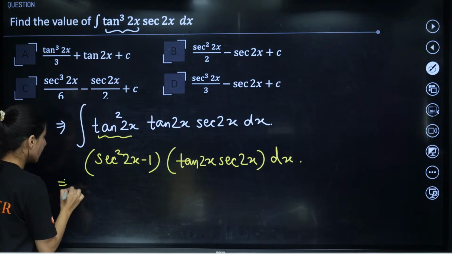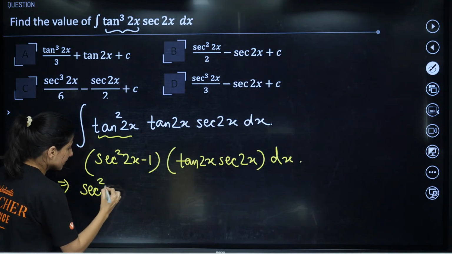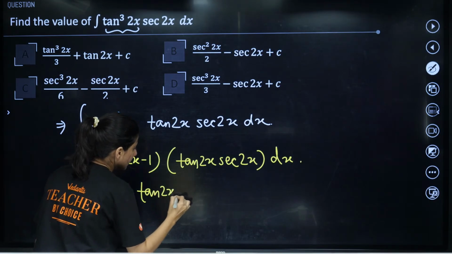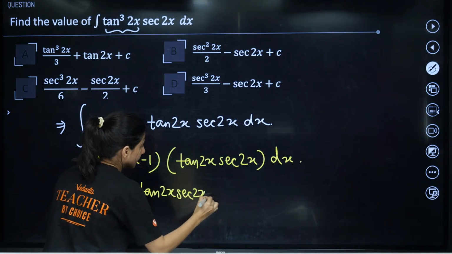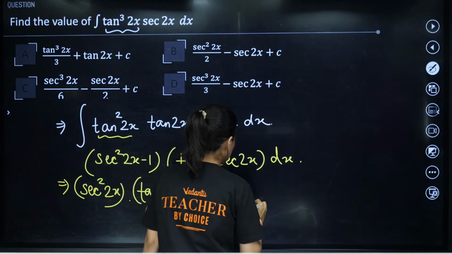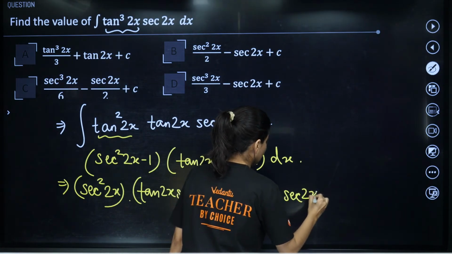Now multiply. Sec square 2x tan 2x sec 2x minus tan 2x sec 2x dx.